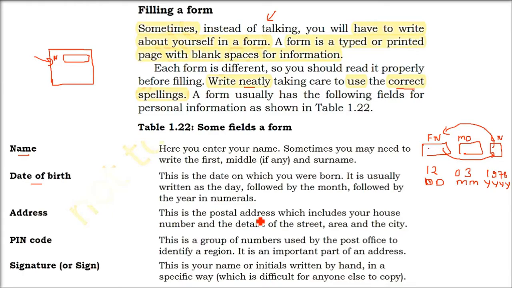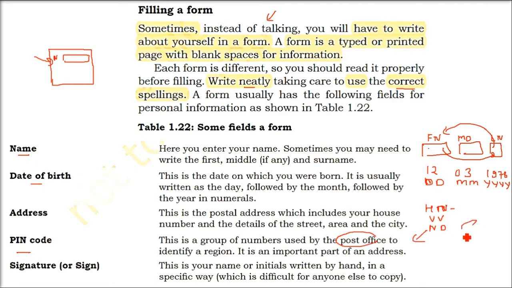What is the address? The postal address. And this postal address, which you include, you have to write your house and number, then your street address, all the details of street, area and the city. Basically all the information which makes your house unique so that somebody can come or the letter can come. Then the most important in address is the PIN code.